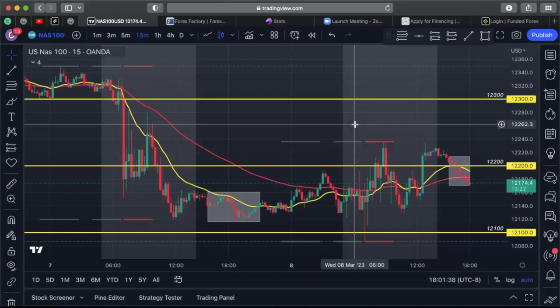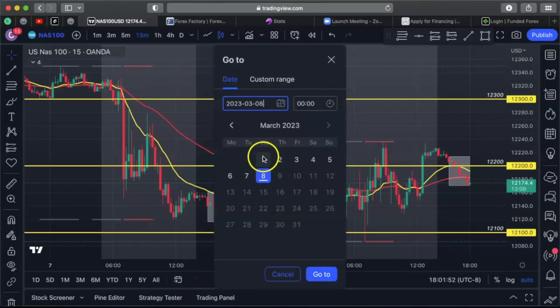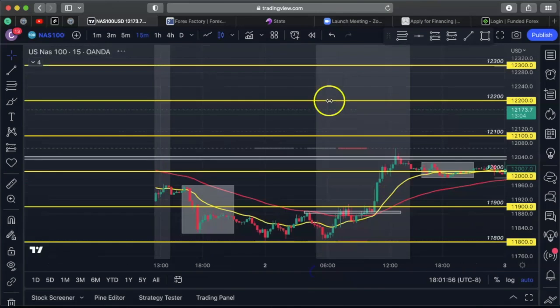Alright guys, we are going to back test a couple of days together, and I'm going to show you how I would analyze these charts. Let's stay in the month that we are in, March, and let's go to March 2nd right here.